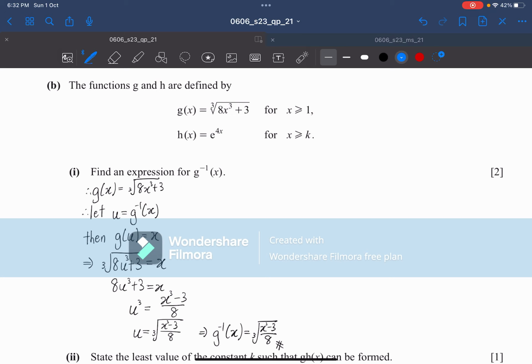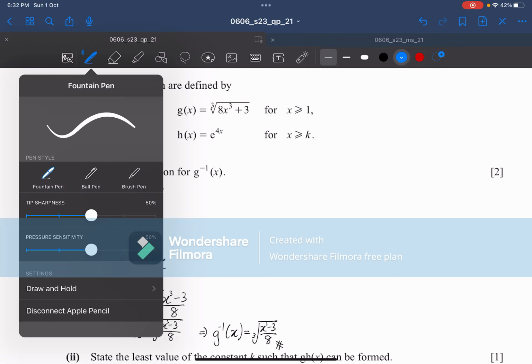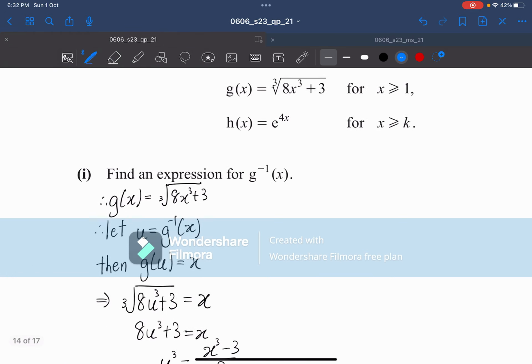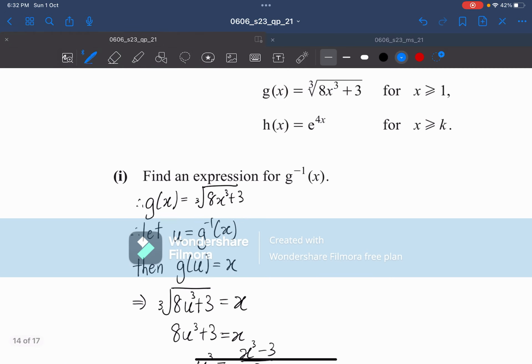Okay, so I want to mention that I really hope, if you are doing this paper, you're not using the let y equals g(x) method. This method is not really a correct method to find the inverse, because by definition it should be what I'm doing right now.